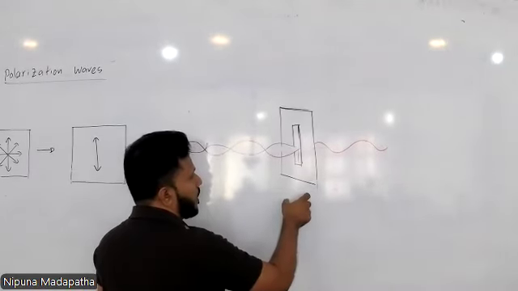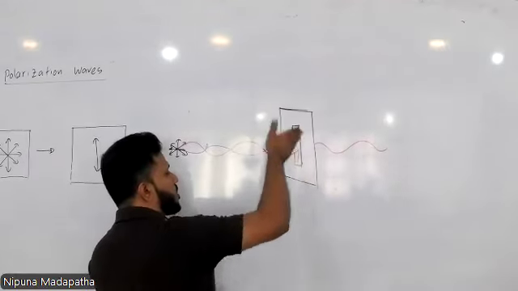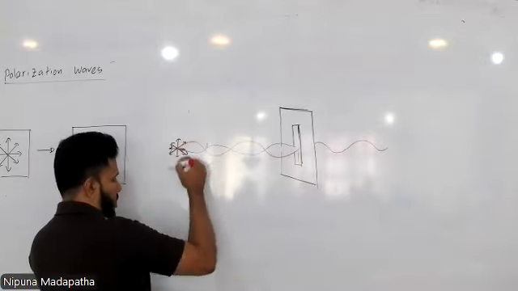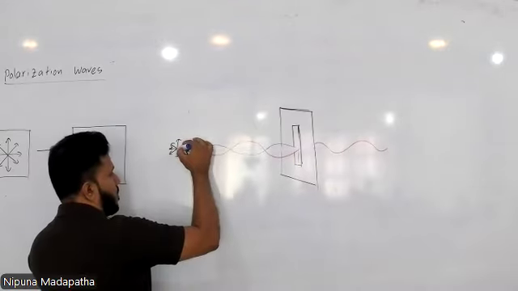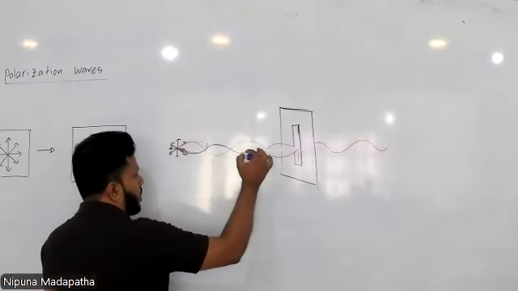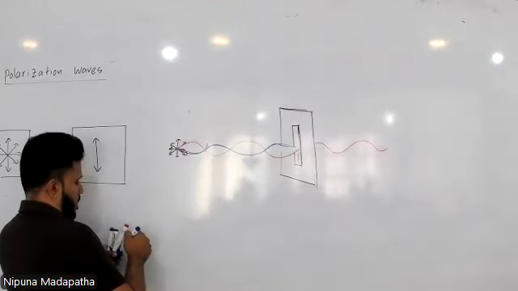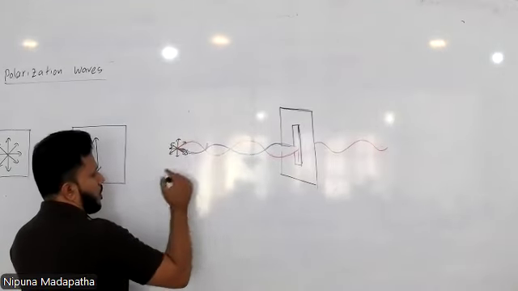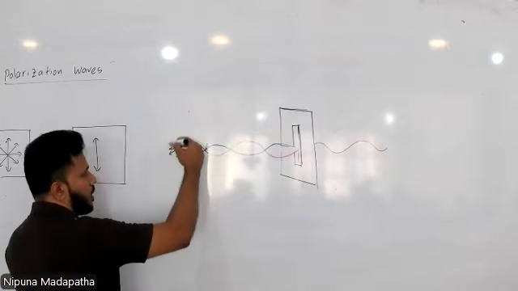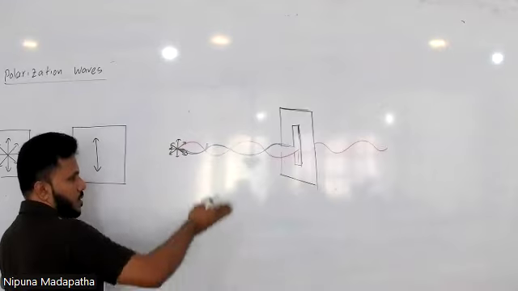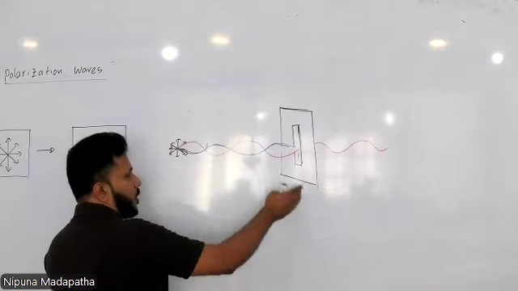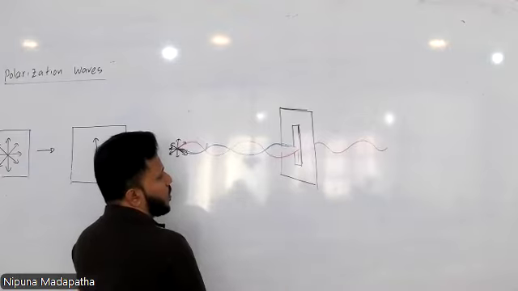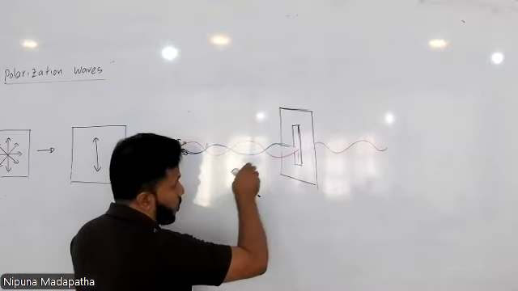So the slit is vertical, and we have the oscillation in a vertical direction. Only the waves which vibrate in the plane parallel to where the slit is pass through this slit, right?